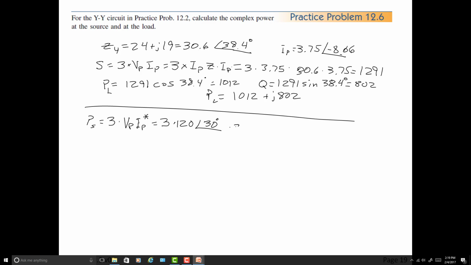And then it's times 3.75, but the conjugate, instead of minus 86.6, is going to be at an angle of plus 86.6. And all of this is going to give me 1350 at an angle of, add these two, 38.66 degrees. Okay? And if I break that up into pieces, I'm going to have about 1054 plus j843.